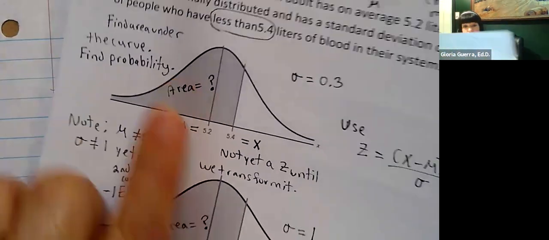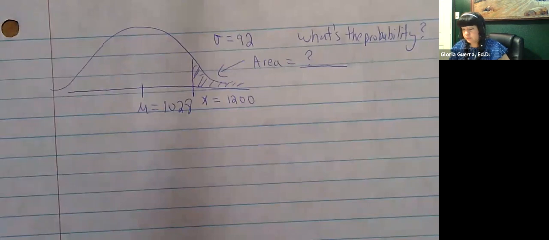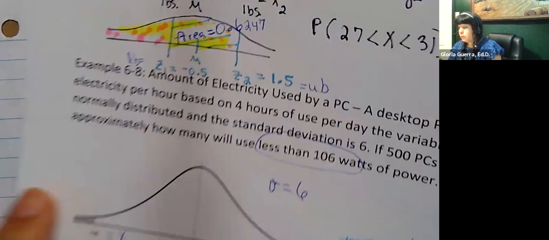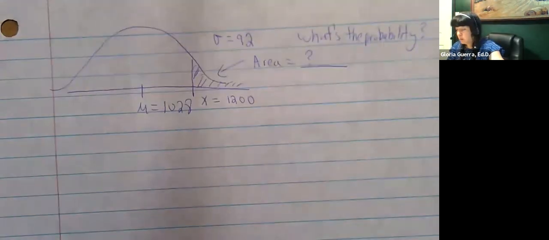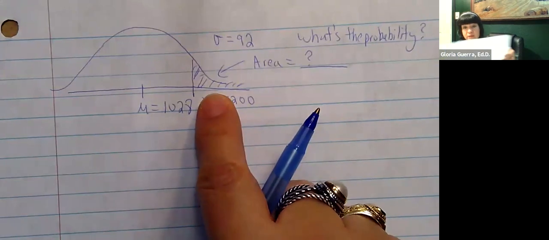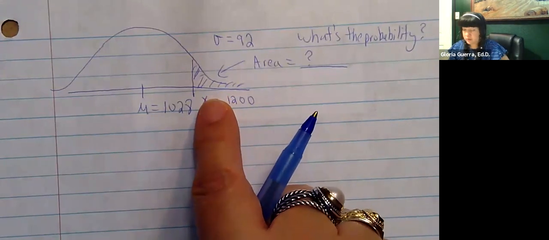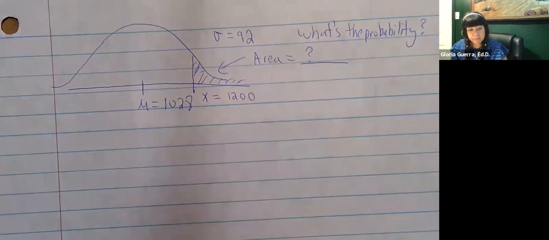Area to the left. And then this one was area to the left. And then they did one that was sandwiched, but they didn't show one where you had area to the right. And that's why I wanted to do this one, because this one had an area to the right of that.